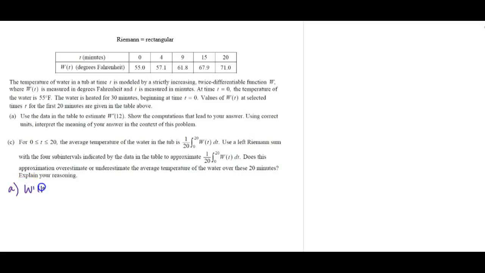So W prime of 12 is approximately W of, so 12 is between 9 and 15, so those are the values I'm going to use in my average rate of change formula. W of 15 minus W of 9 over 15 minus 9.